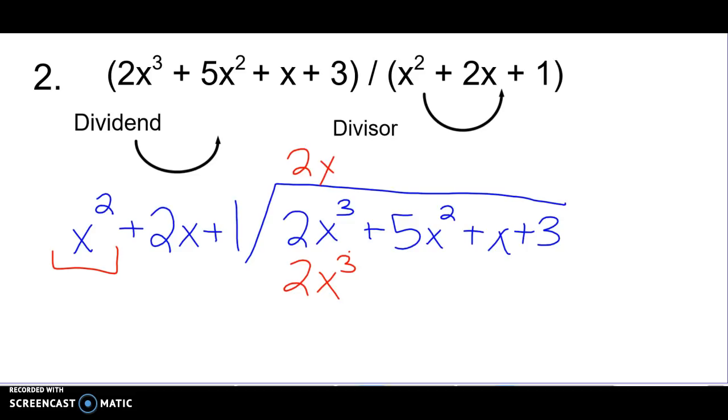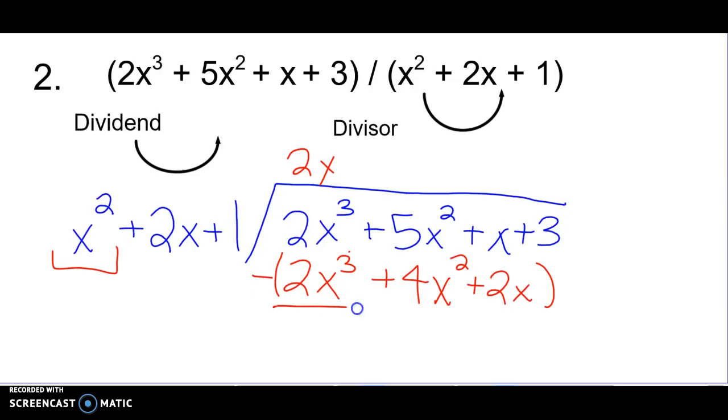2x times 2x is a positive 4x squared. Then 2x times 1 is positive 2x. And be careful when you're subtracting down, you're really distributing it.